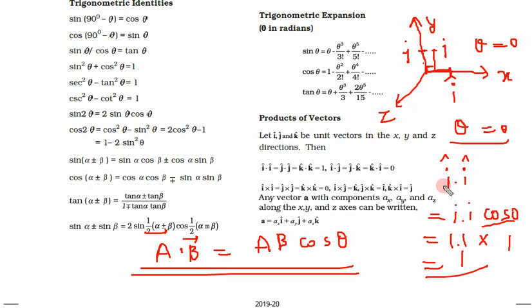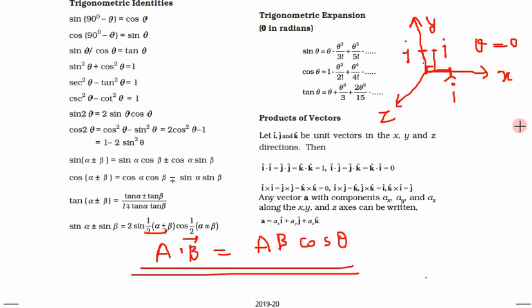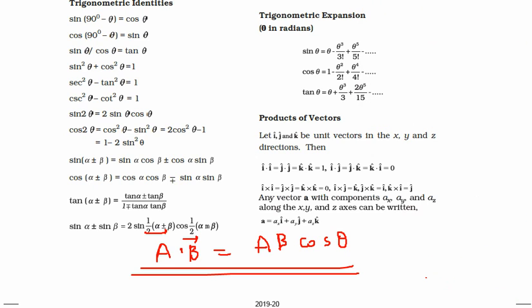So j dot j is equal to the magnitude of j times the magnitude of j times cos theta, and the magnitude of j is 1, theta is 0. So in this way we get 1. Now let us see what happens when we take the dot product with some other unit vector.